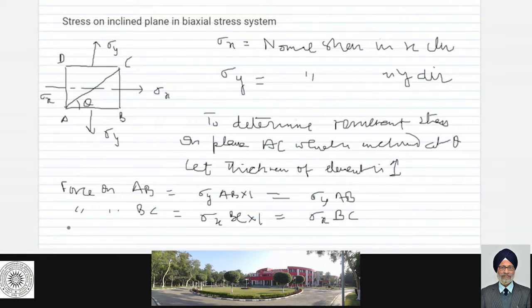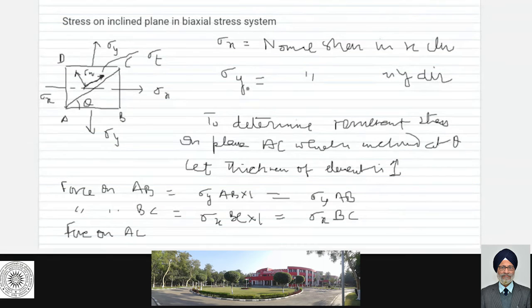And the force on AC, because here I take a normal component, that is sigma n, and here I take a tangential component in this direction, that is sigma t.